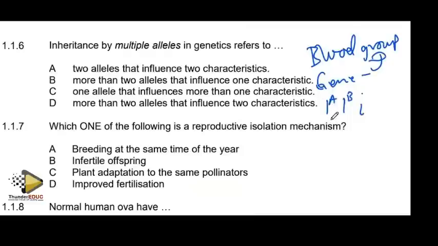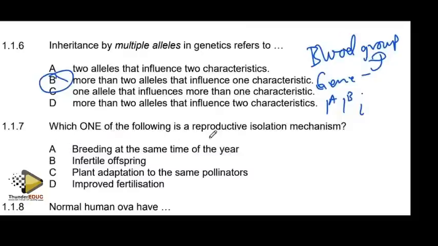So there are 3 alleles, so there are multiple. These multiple alleles will influence one gene or one characteristic, which is blood group. So that's why B is the most correct answer: more than 2 alleles that influence one characteristic.